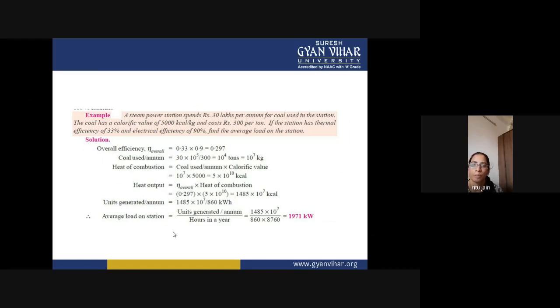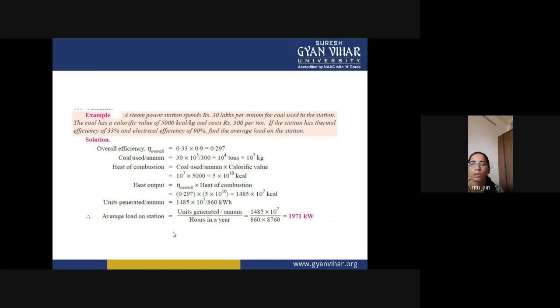First you have to find out the overall efficiency. Because the thermal efficiency is 33% and the electrical efficiency is 90%, you multiply these two to get the overall efficiency: 0.33 into 0.9, which is equal to 0.297.